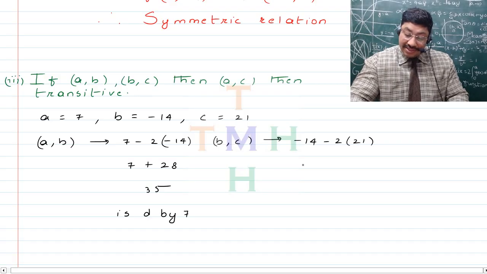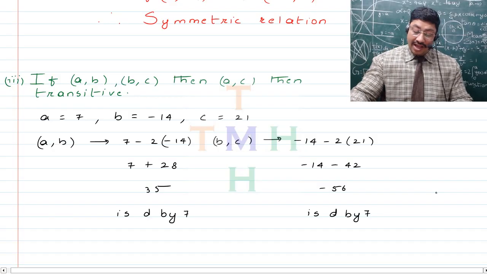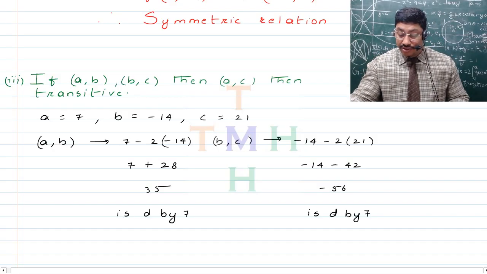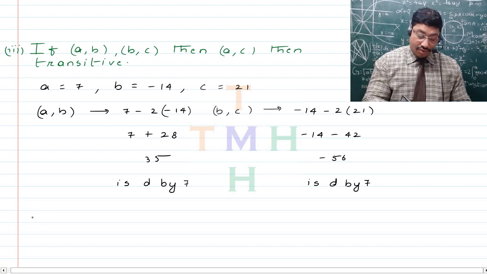So here we have minus 14 and minus 42. 2 and 4 is 6, and 4 and 1 is 5, so that becomes equal to minus 56, and here too you can say that this is divisible by 7. Now finally we have got to check for the third one, and for the third one we have to check for (a, c).